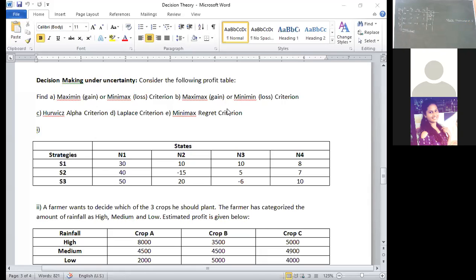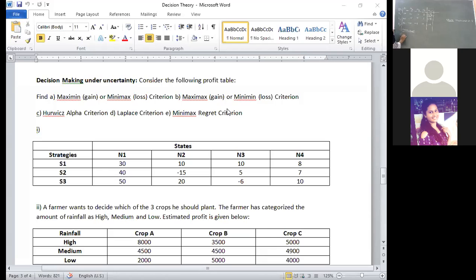Among these minimas, 8 corresponds to strategy S1. Hence, the decision is to adopt optimal strategy S1. This is the first bit answer.